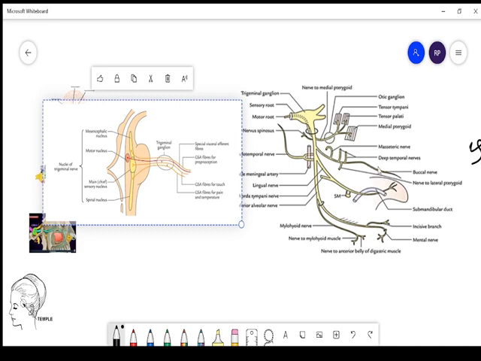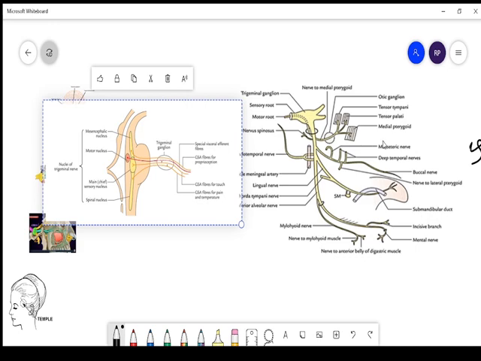This anterior division gives 4 nerves. Among these, 1 is sensory and 3 are motor nerves. This is the sensory nerve, named buccal nerve. Buccal nerve brings sensation from buccal mucosa. And 3 motor nerves. 1 is the masseteric nerve.